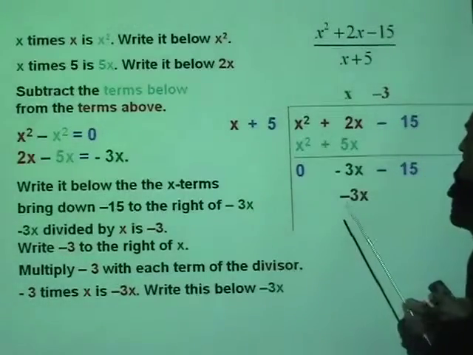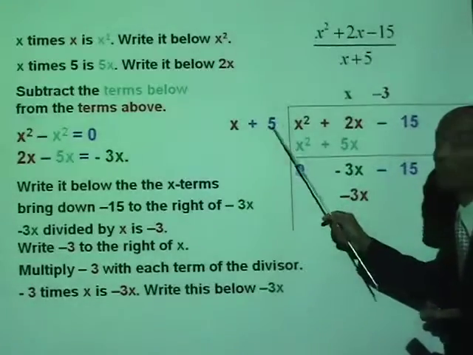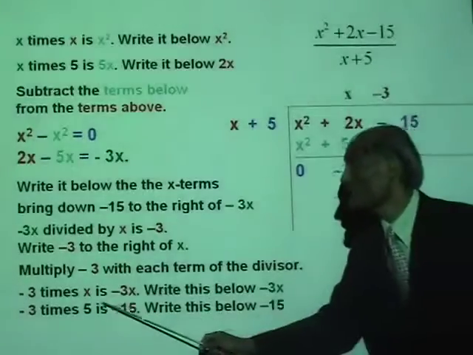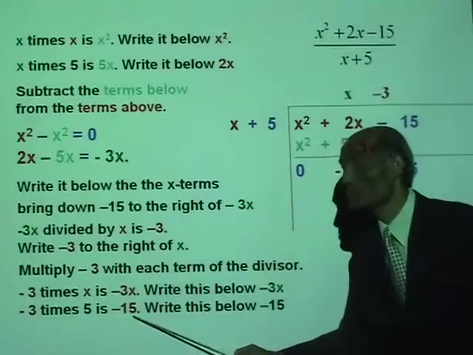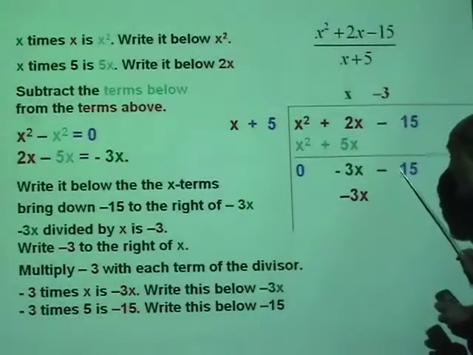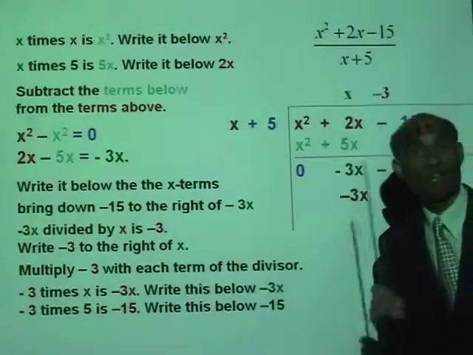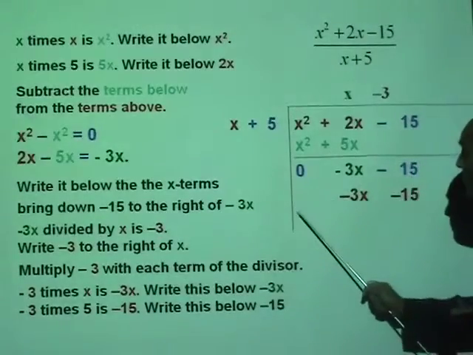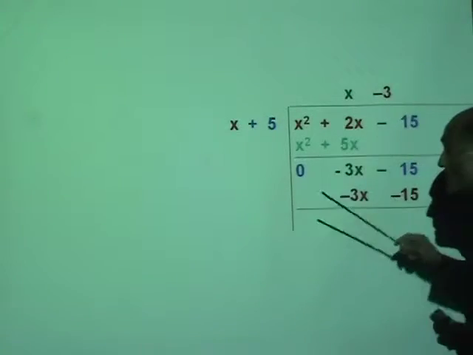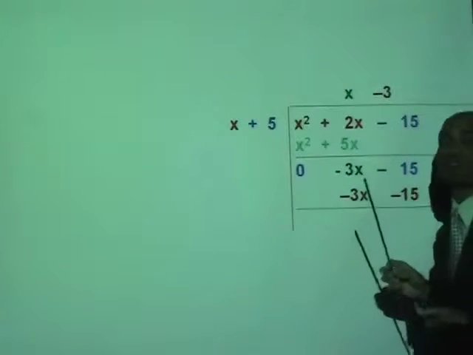Below the negative 3x. And negative 3 multiplied by positive 5 is negative 15. Negative 3 times positive 5 is negative 15. And write that below the negative 15. What is the next step? Next step is subtract.